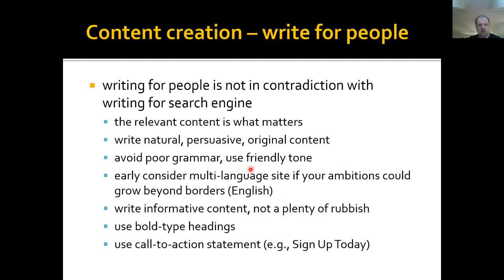It's also good to consider a multi-language site, not just one language, and so on. So basically, the recipe for using SEO is this simple. Just write for people and format for people and structure for people to be as useful as possible.